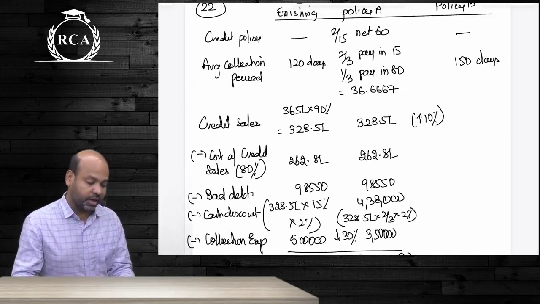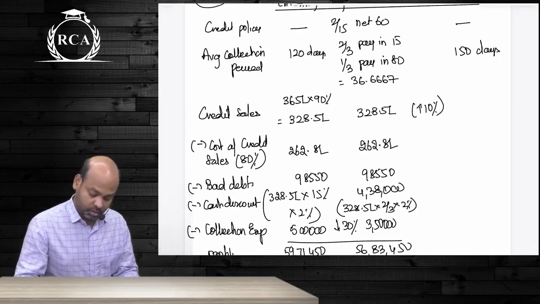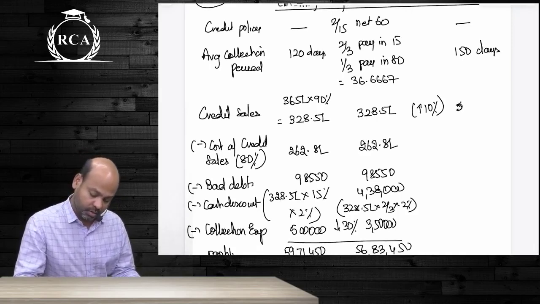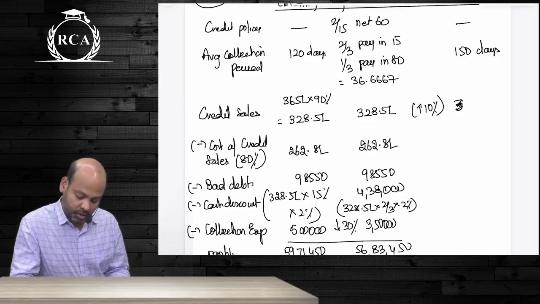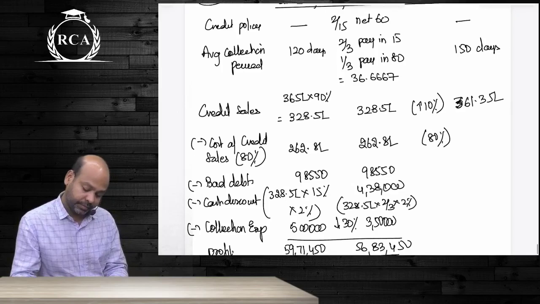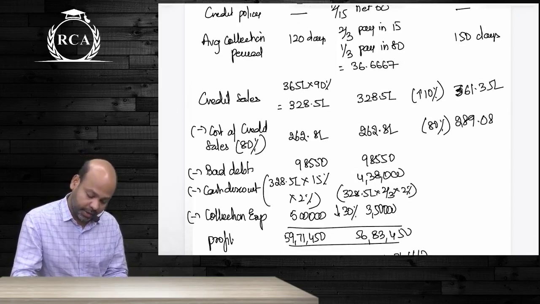Credit sales, guys, are increasing by 10%, beta. How much will that become? 361 point. Cost of sales, beta, will be 80%. 289.08 lakhs.